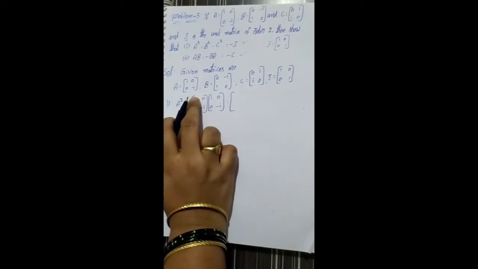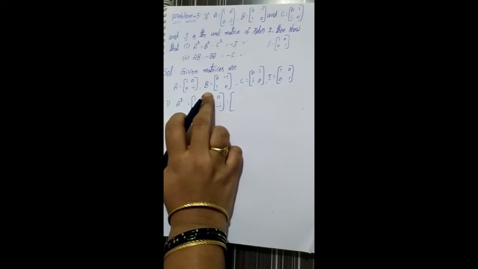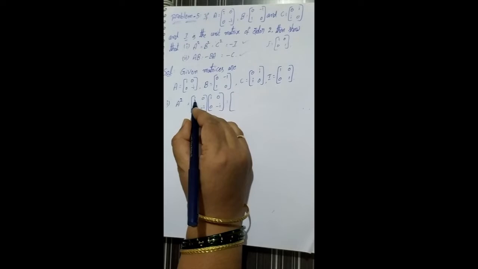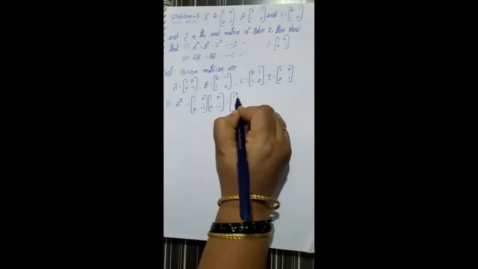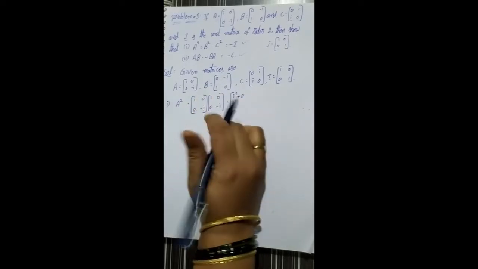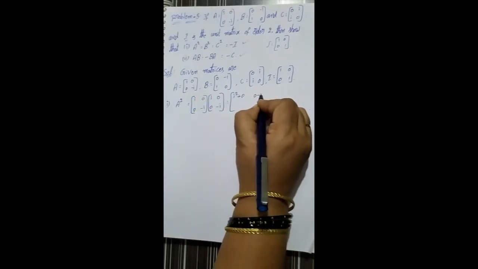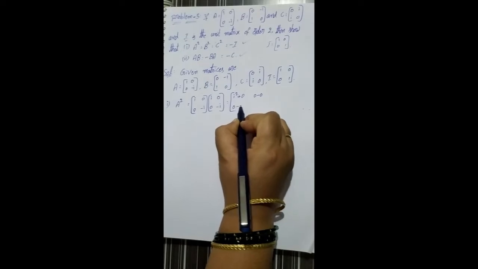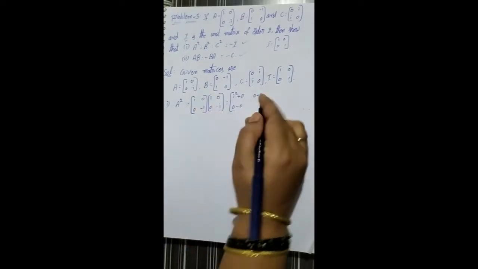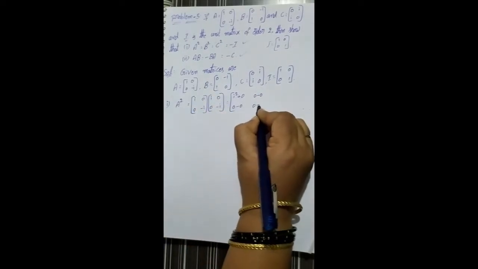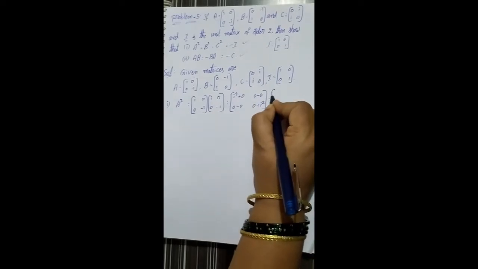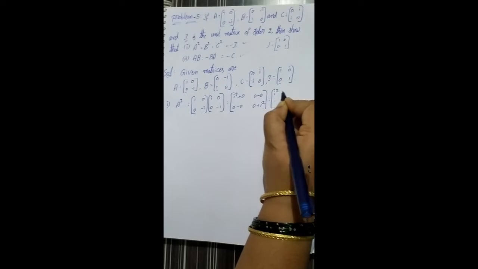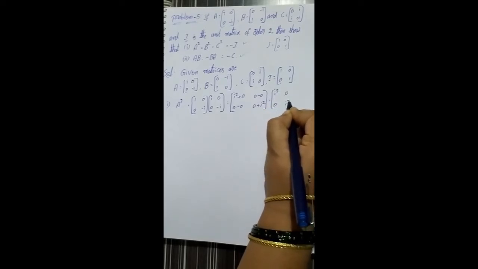After multiplication, the first row of the first matrix and the first column of the second matrix are multiplied. Then i into i is i squared plus 0, 0 minus 0, 0 minus 0, and minus into minus is plus i squared. That is equal to [i squared, 0; 0, i squared].